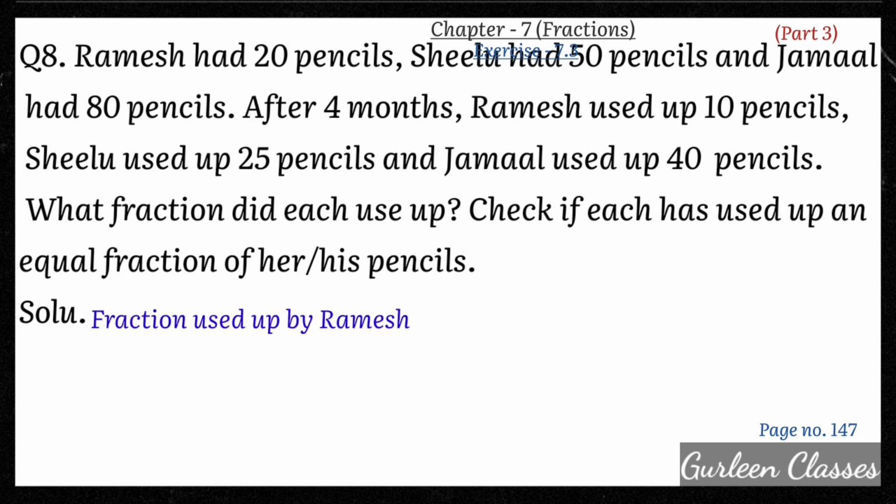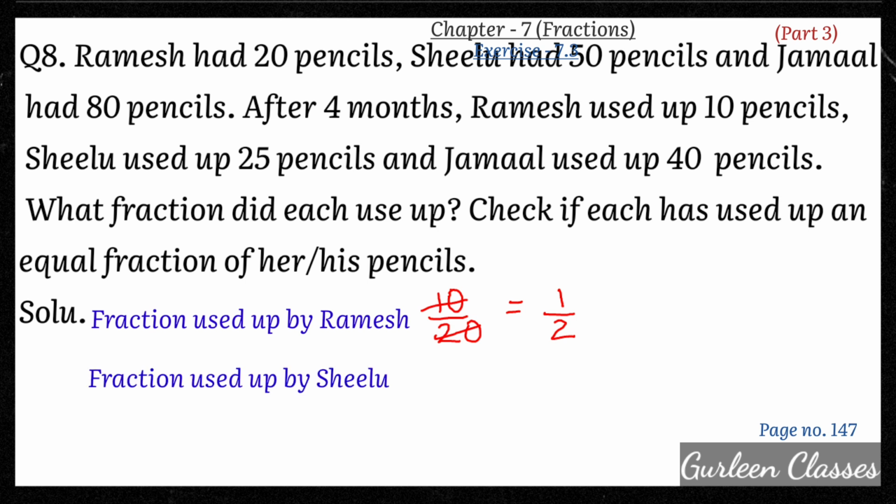So the fraction used by Ramesh: he used up 10 pencils, so the fraction will be 10 upon, total is 20. Reduce into lowest term, it is 1 upon 2. Then the fraction used by Sheelu. Sheelu had 50 pencils and used up 25 pencils.